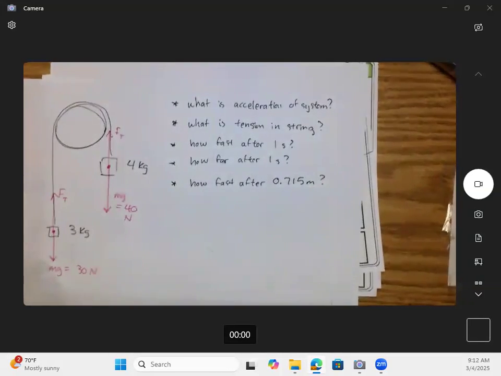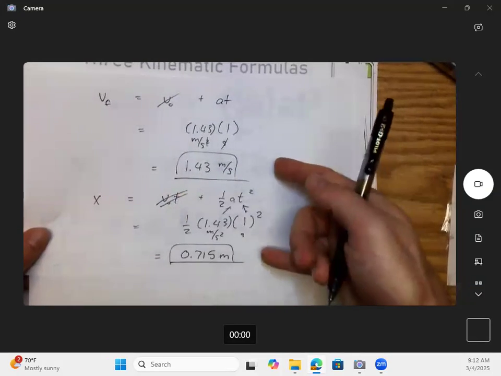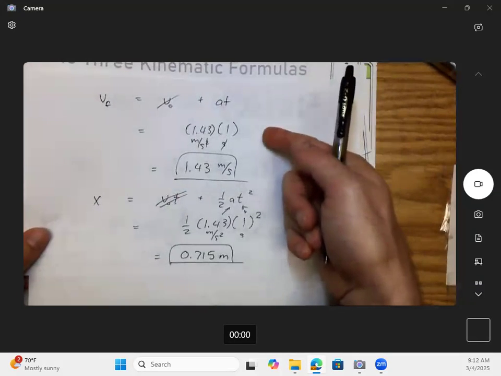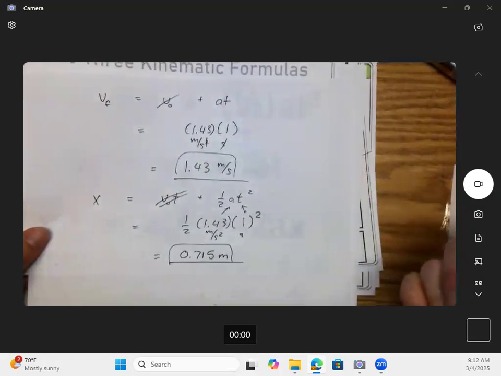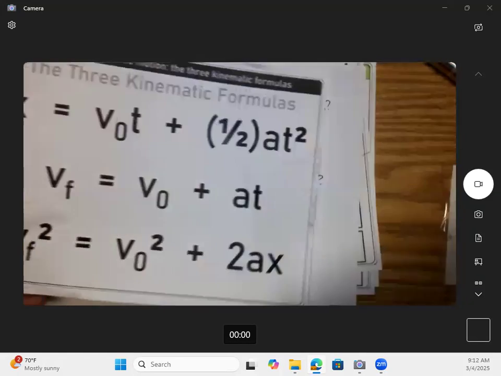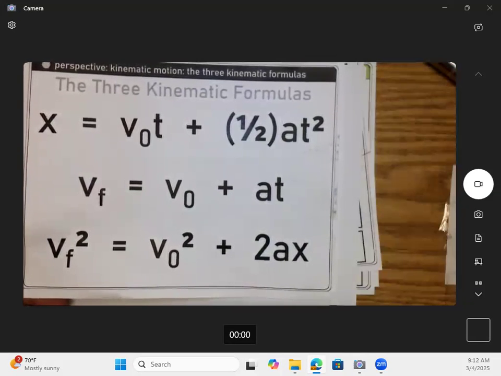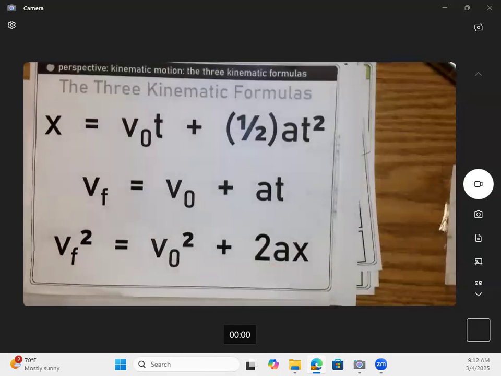Guys, what does the answer have to be? 1.43. Yeah, 1.43 meters per second, because this all goes hand in hand. At this acceleration for 1 second, it builds up to that speed and it's moved that far. So you know what the answer is. Now, how can you show that with these kinematic equations? Which kinematic equation are we about to use to verify that? The third one. The third one, how fast as a function of how far. That's what the third one says, right?